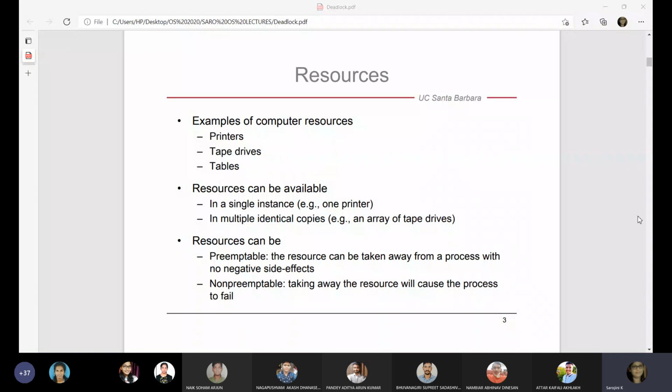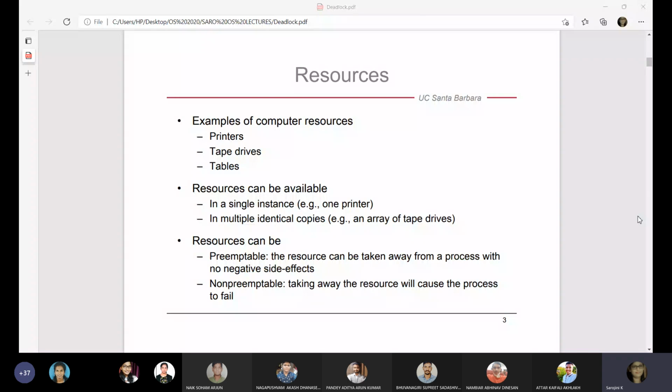On the other hand, process P2 is holding resource R2, but it is requesting resource R1, which is currently held by process P1. So process P2 is also holding one resource and requesting another, same as P1. What P1 is requesting is with P2, and what P2 is requesting is with P1.